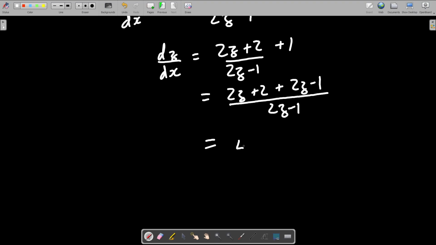So this will become 4z plus 1 upon 2z minus 1. Okay, now this is variable separable.